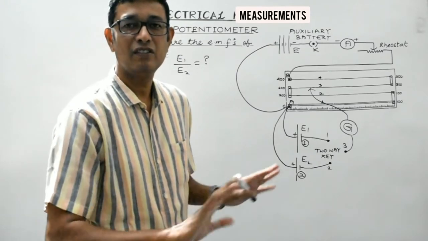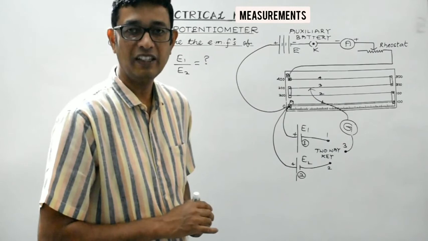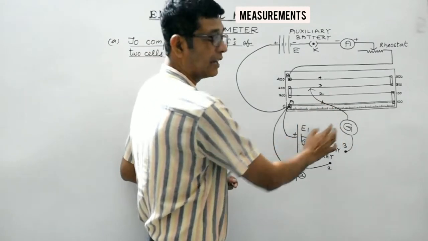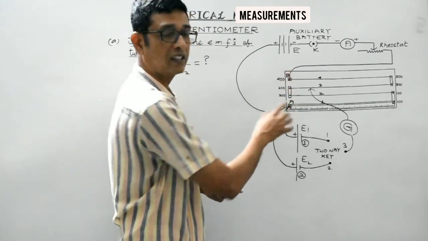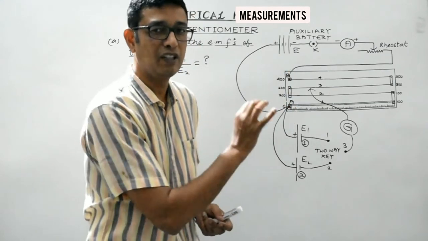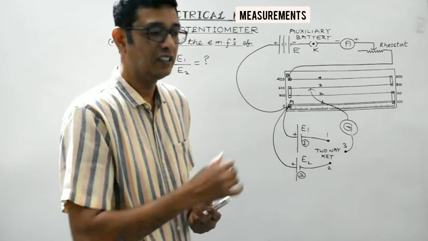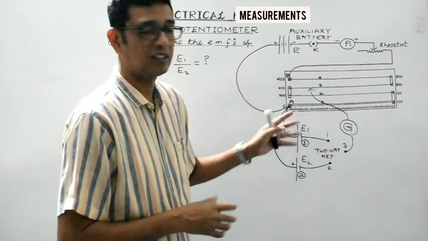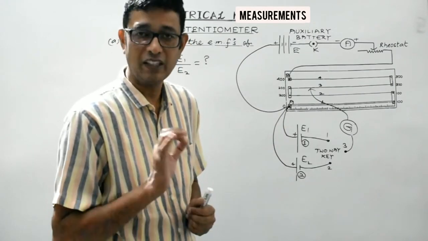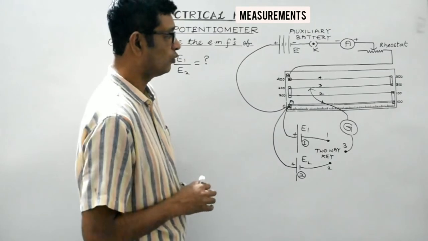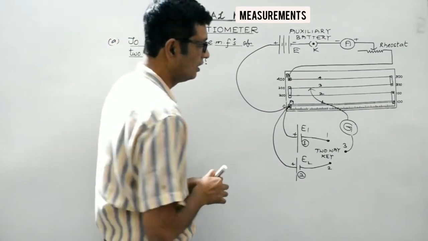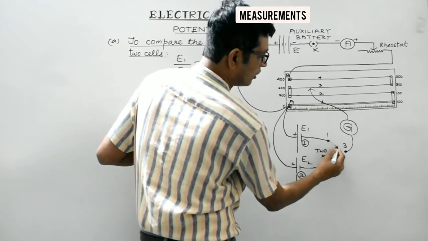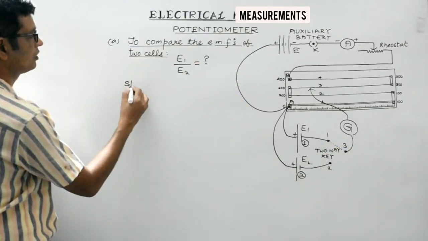Then there is nothing wrong in the circuit, right? If the galvanometer shows deflection in the same direction on placing the jockey at the two extreme ends, then there is something wrong. You need to detect it. Either the connections are loose or the circuit is not appropriate. Right, students? Thereafter, first step is, suppose connect 1 and 3. Step 1.